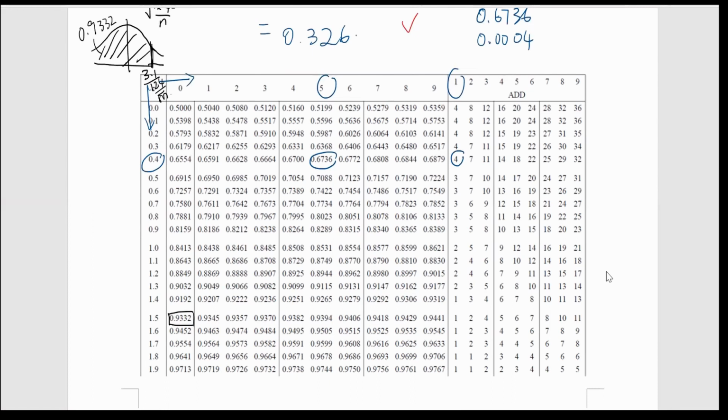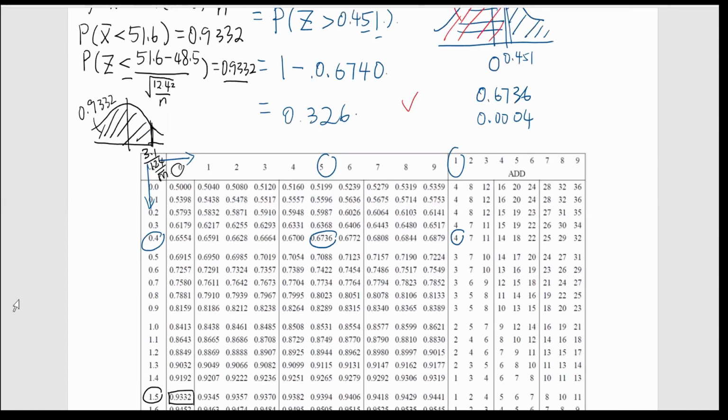Hence, the corresponding z-score is 1.5 and 0. So we refer back to here. Hence, for a z-score of 3.1 divided by 12.4 over square root n, this z-score is 1.5. And then we can calculate the value of n. Okay, taking 3.1 divided by 1.5.